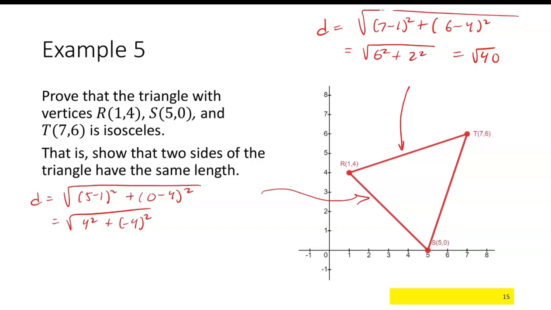So we'll have the square root of 16 plus 16, which is the square root of 32. Okay, so those two sides are not the same. Let's see how this third side goes.